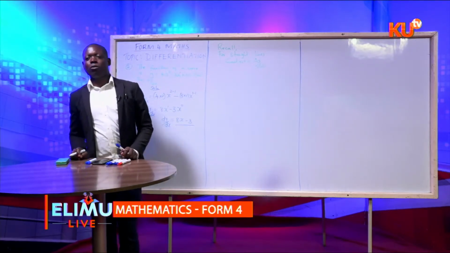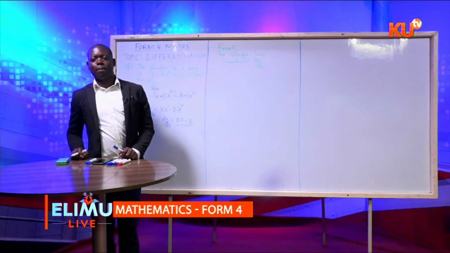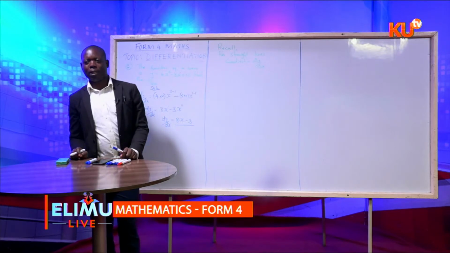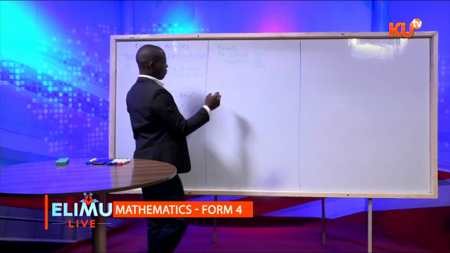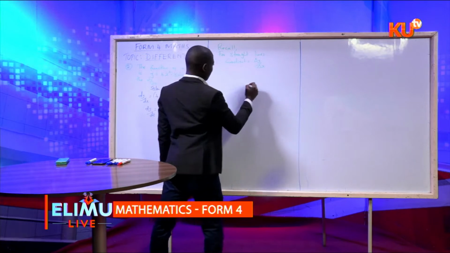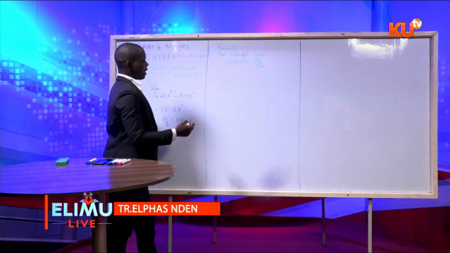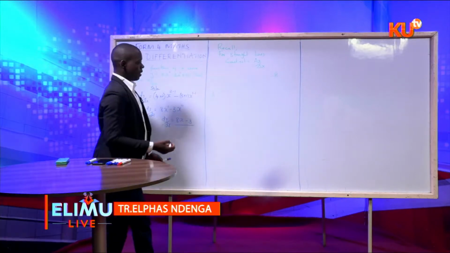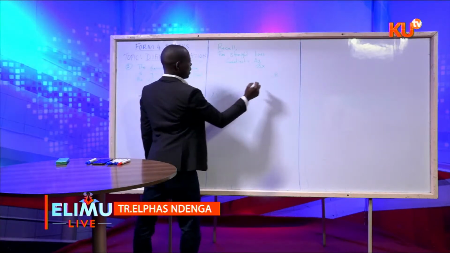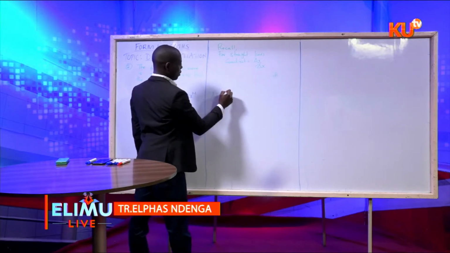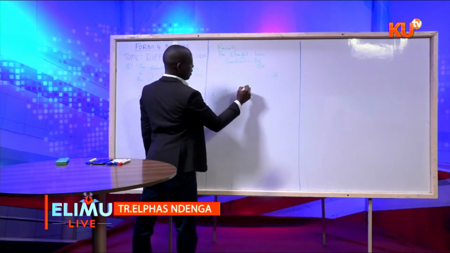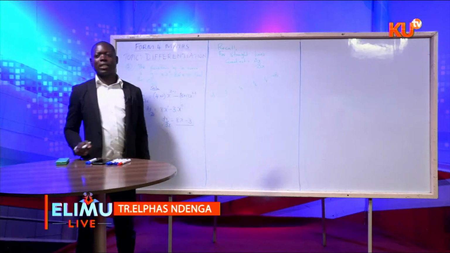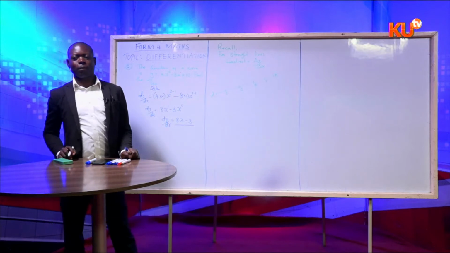And this is what we bring in when discussing gradients of the curve at a point. Unlike for straight lines, if this is our straight line AB, let's say we have different points along this line: point C, point D, point E, point F, along the same straight line.